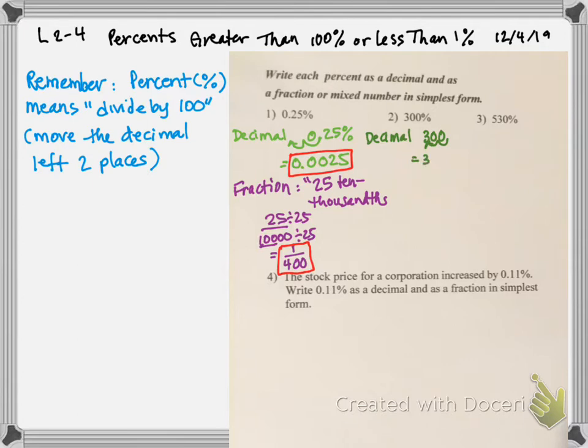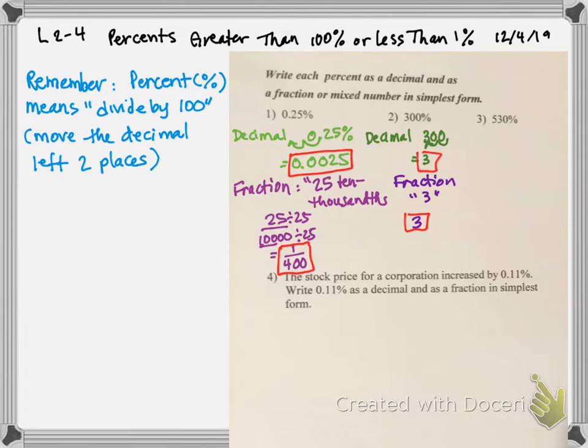And what's really weird is when I write the fraction, I just read what I saw, and I read 3. So that's my answer, 3. So I actually had the same answer both for the decimal and for the fraction.